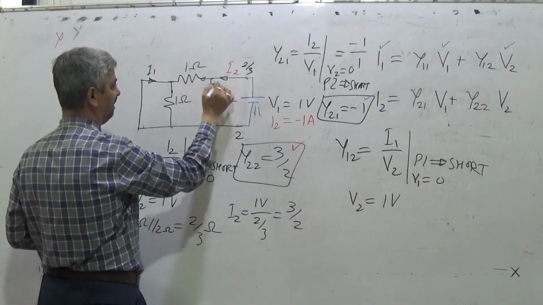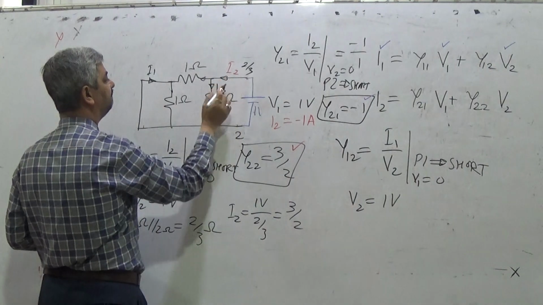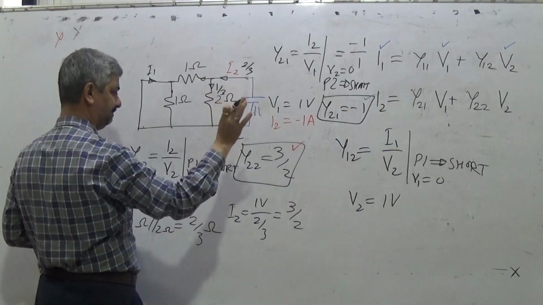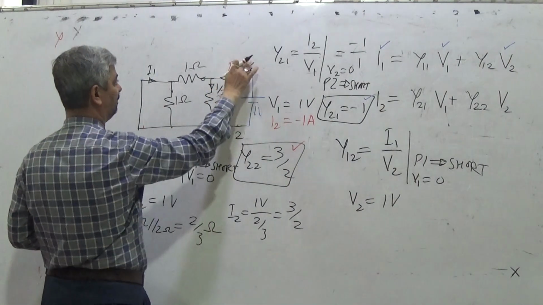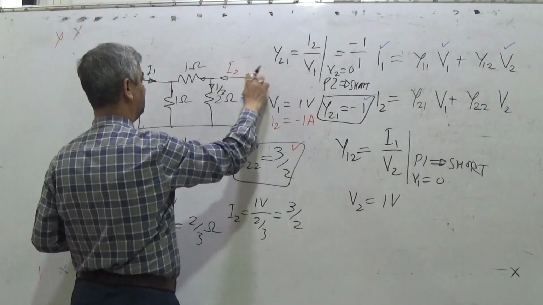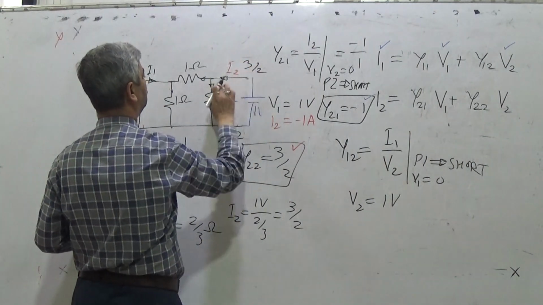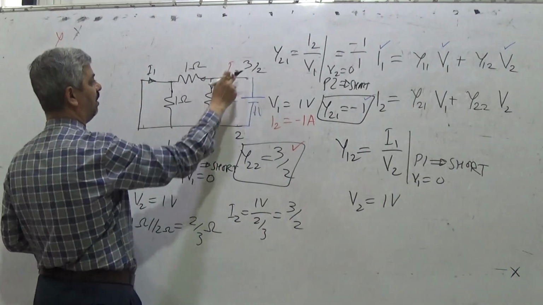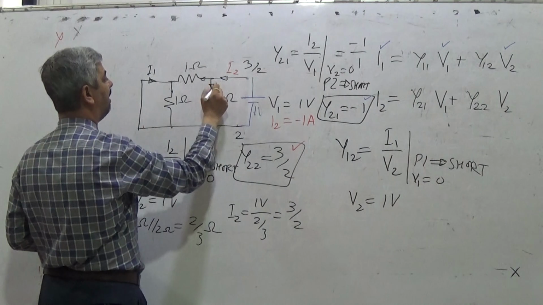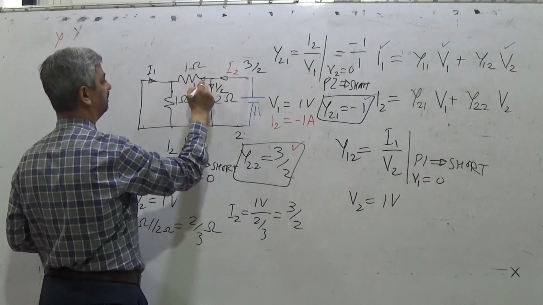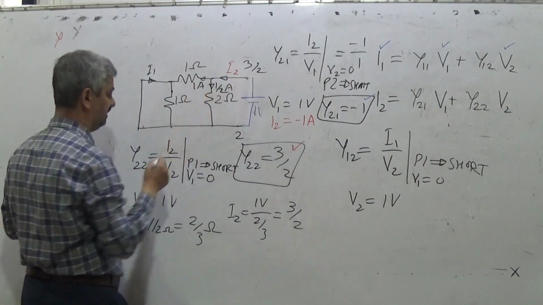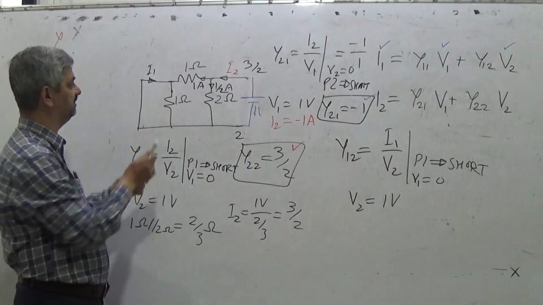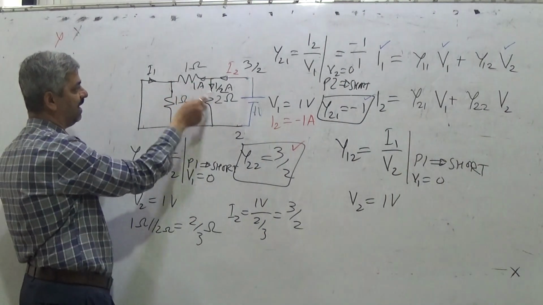Sorry, current is 3 by 2, not 2/3. So 1 and half. Out of this 3 by 2, half will come here and 1 will come here. Is it clear?